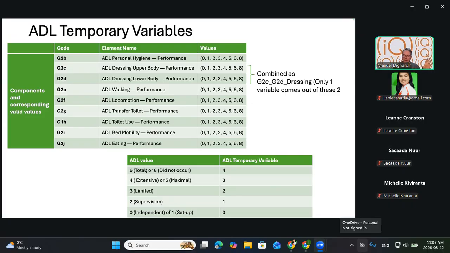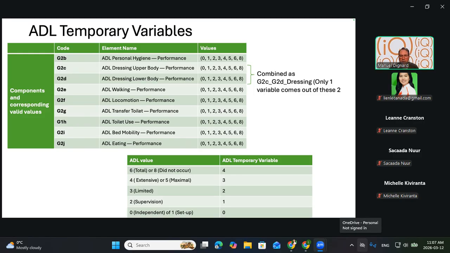And we've seen these a little bit before. They're derived from those specific items in section G2 of the assessment. We see them all here on the screen. So they reflect the resident's functional performance in daily activities, dressing, toileting, transferring, mobility, all that. Again, in the last 3 days, right?